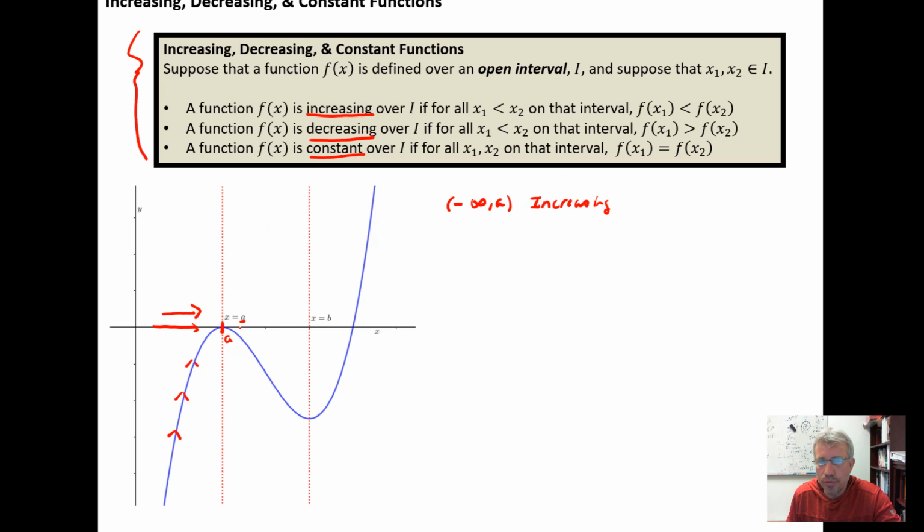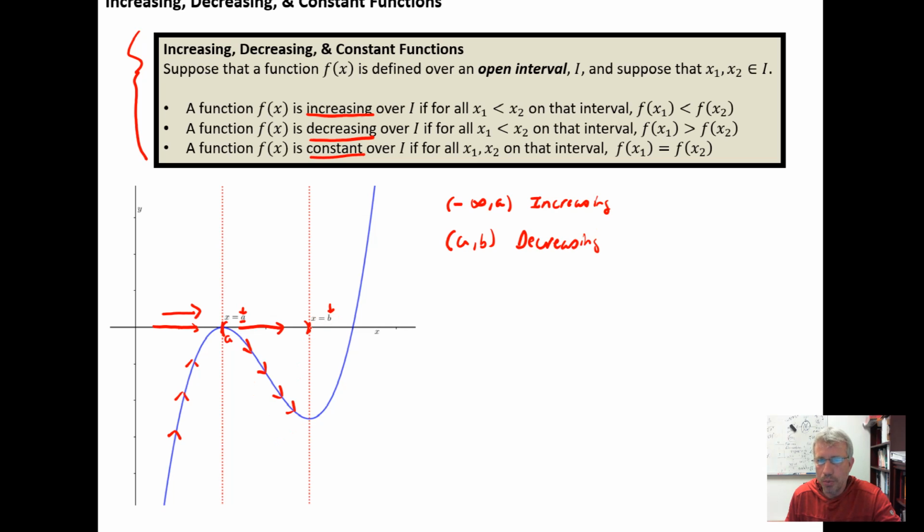And then as we move from left to right along the x-axis between x equals a and x equals b, so as we walk across the open interval from a to b, what we want to notice is that the function is moving downwards. It's decreasing. The outputs are getting smaller and smaller, so we have a decreasing function.